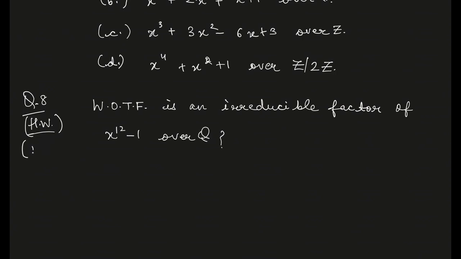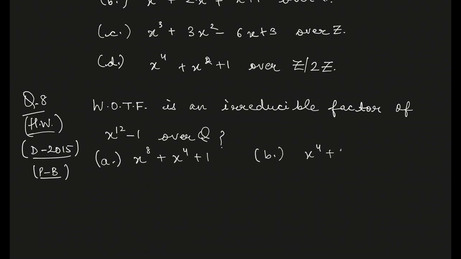December 2015 question, Part B. Option A: x to the power 8 plus x to the power 4 plus 1. Option B: x to the power 4 plus 1. Option C: x to the power 4 minus x squared plus 1. Option D: x to the power 5 minus x to the power 4 plus x cubed minus x squared plus x minus 1.